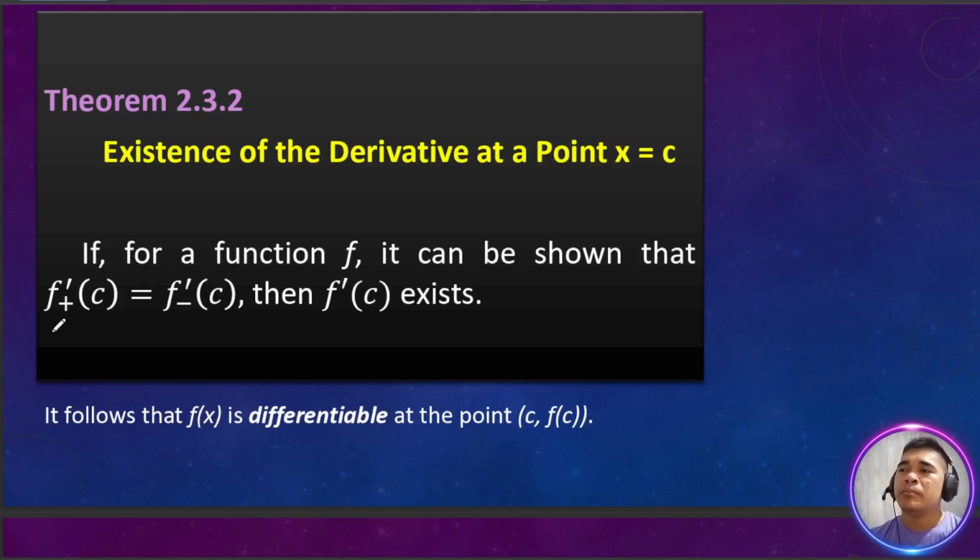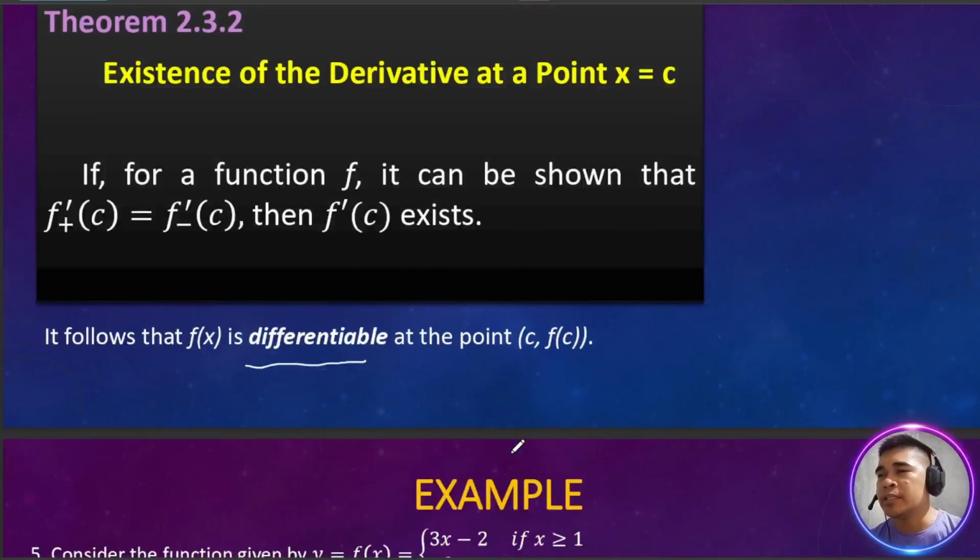Meaning, when the result of the derivative at c from the right hand and left hand is the same, there is an existing derivative at that point c. So it follows that f of x is differentiable at the point c. As you observe, it is similar to the conditions in the previous lessons with regards to existing limits: when the limit from the right hand and left hand are the same, then a limit exists.